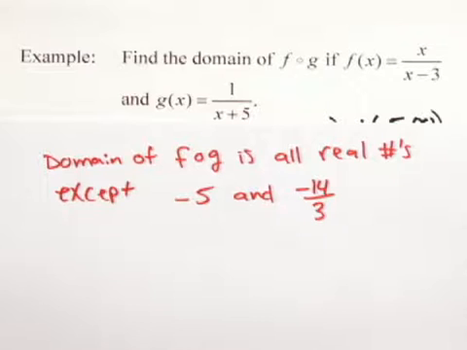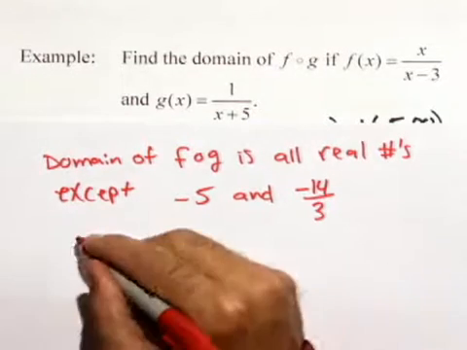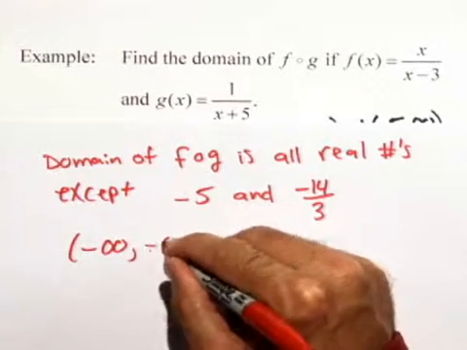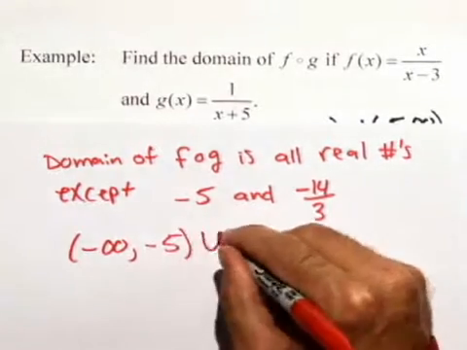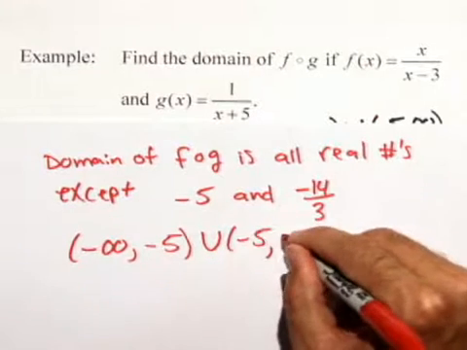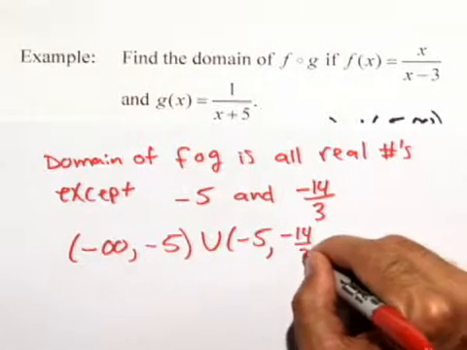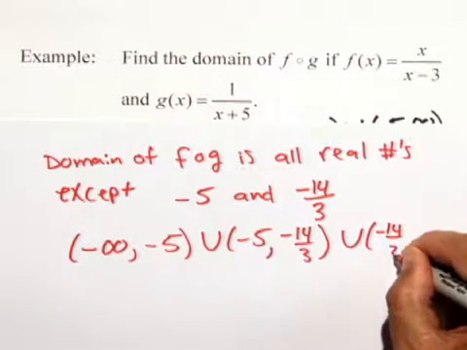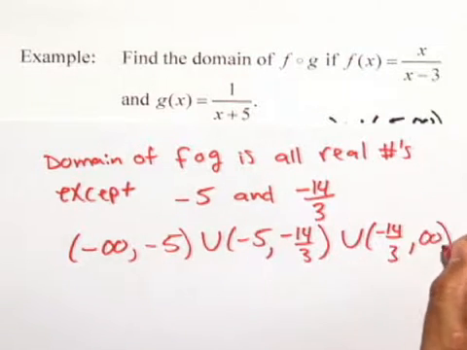So if we want to write the answer in interval notation, we write it as follows. -infinity to -5, union -5 to -14 thirds, union -14 thirds to infinity. And there's the domain of the composite function.